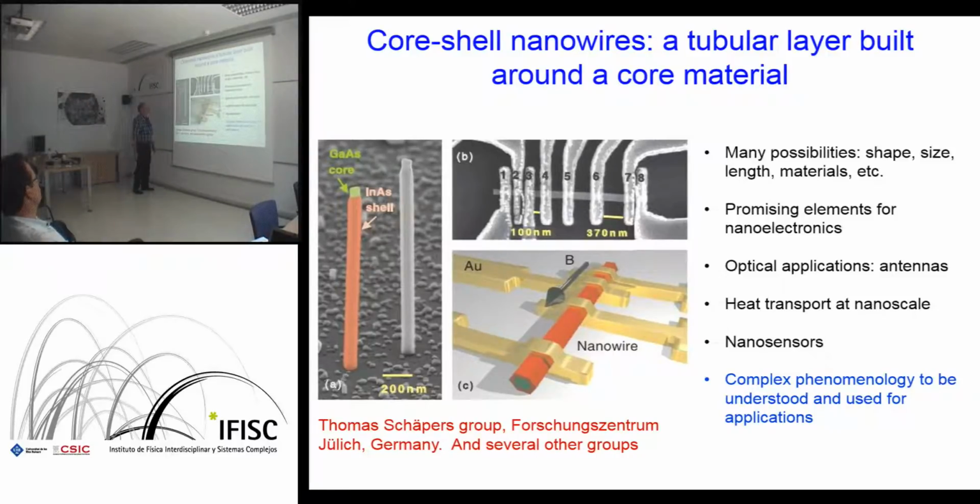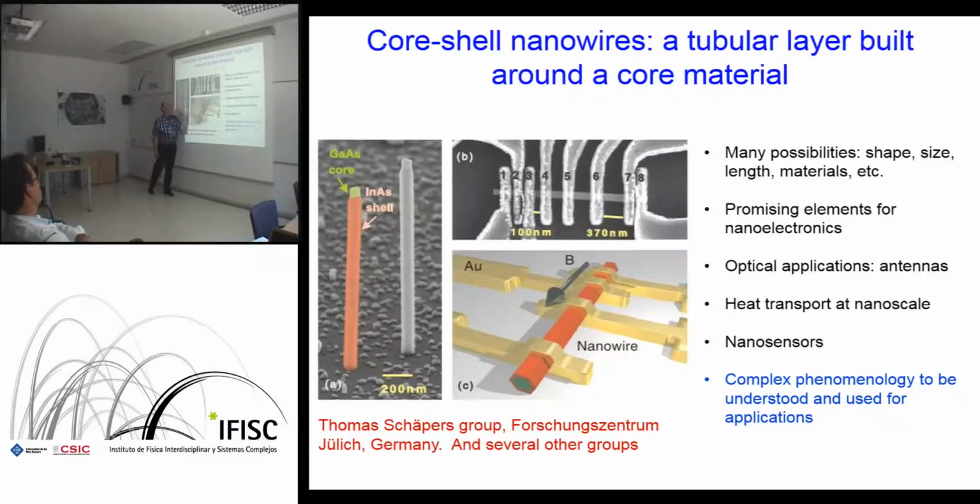Now, in the Thomas Schäpers group, they grow arrays, and then they can pick some wires, put them on a substrate, and attach contacts, so they can observe the behavior of individual nanowires.